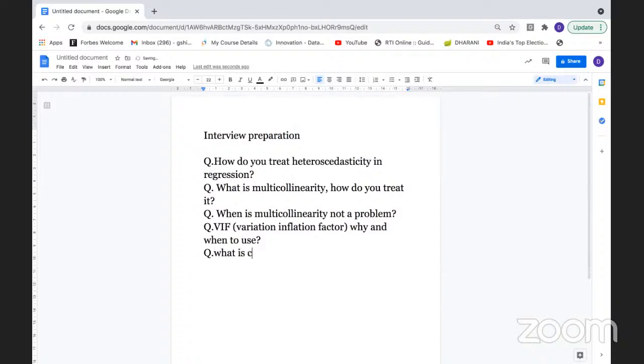There are two math concepts, and these two approaches are very widely used in stats.